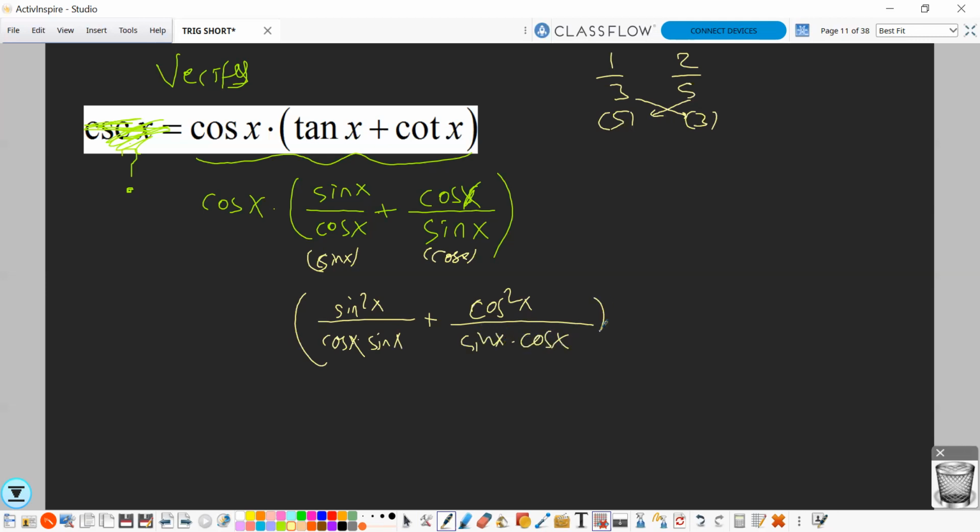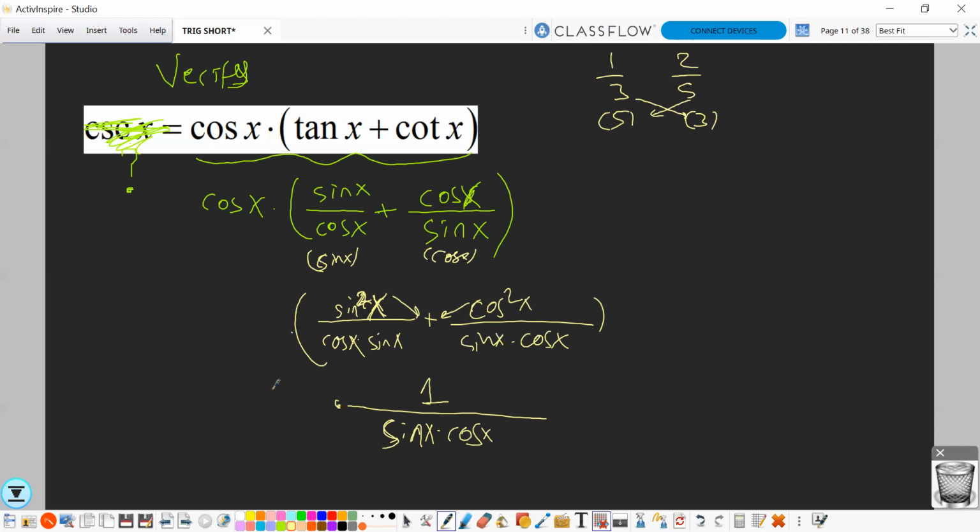Now we have the same denominators, we can add the upper parts. When you add the upper parts, you will see sine squared plus cosine squared x, not sine 2x, which is something really different. It's equal to 1, and the denominator is sine x times cosine x, the same. So there is this step that I skipped right now: sine squared plus cosine squared is equal to 1.